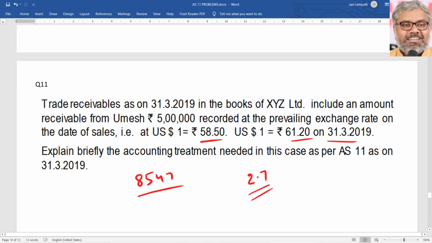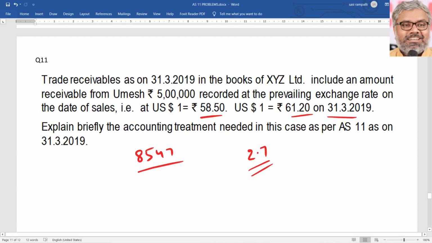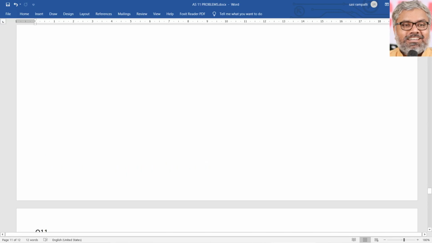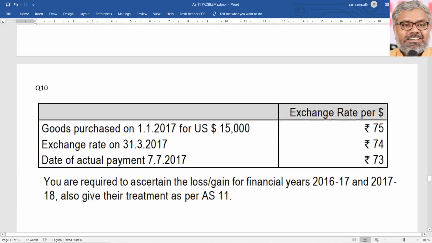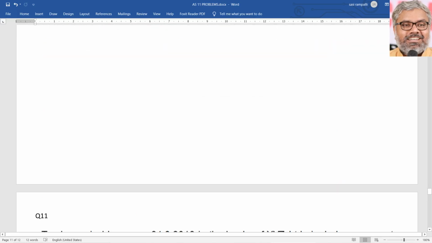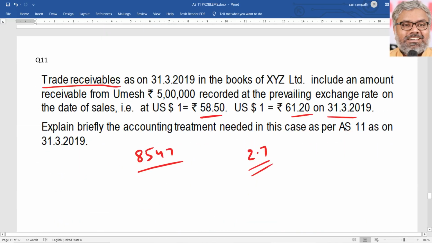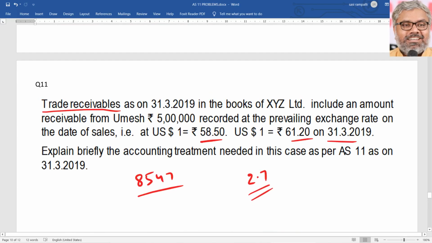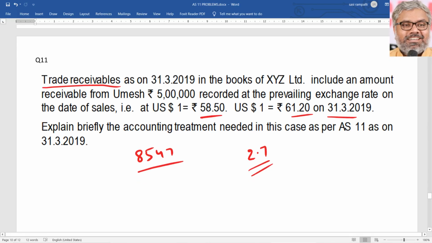Is it a gain or loss? This is a gain because this is a trade receivable. It's not a payable. In other cases earlier, so far most of them we are looking at payables. Creditors or loan, borrowings, payable for fixed asset. That is why when the dollar has appreciated, that was all loss. But here it will be gain.